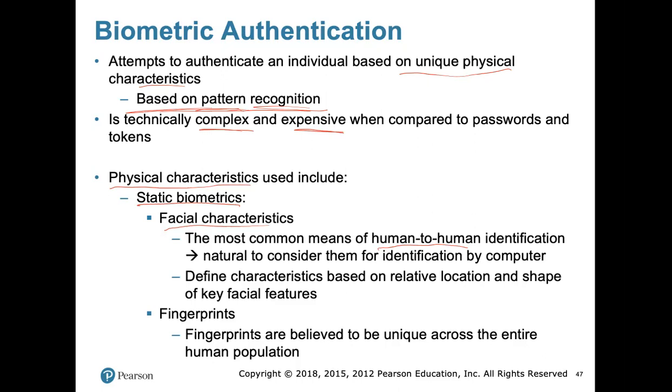We look at them. So researchers got inspired from human to human identification, and they said maybe we should use the same thing. So they define a set of characteristics for the face of the person and decide about the authentication based on those features. We will be talking about it in more detail in one slide.